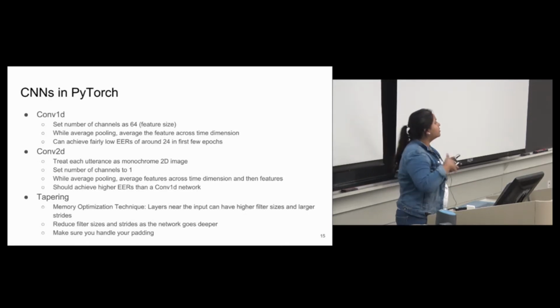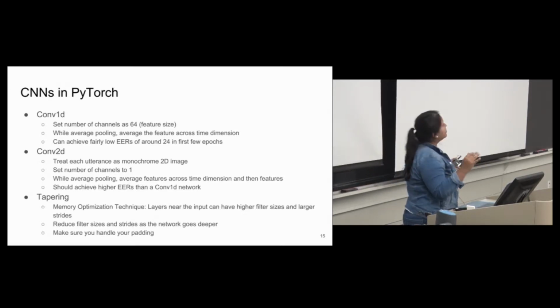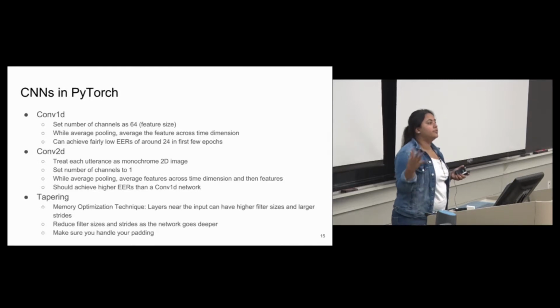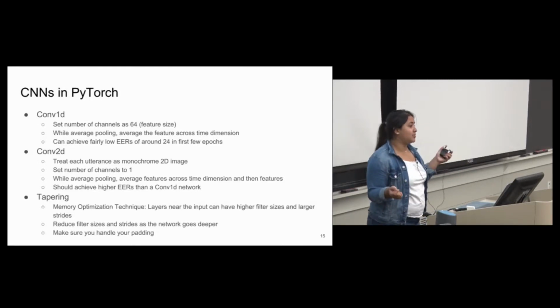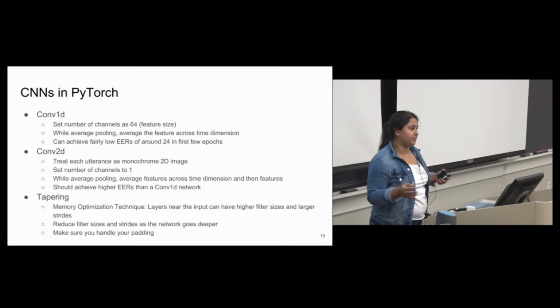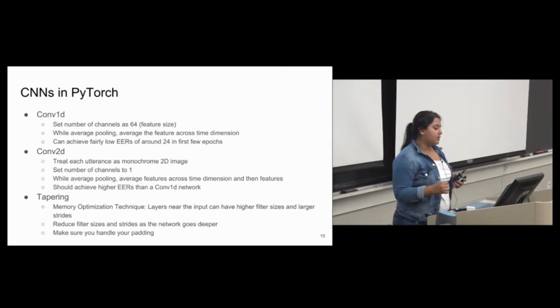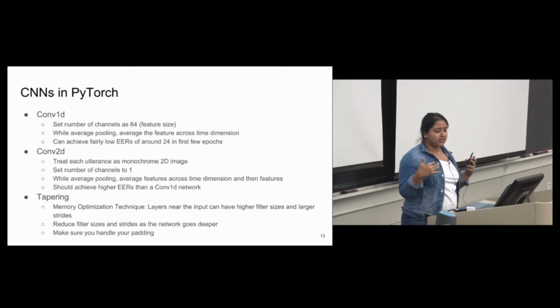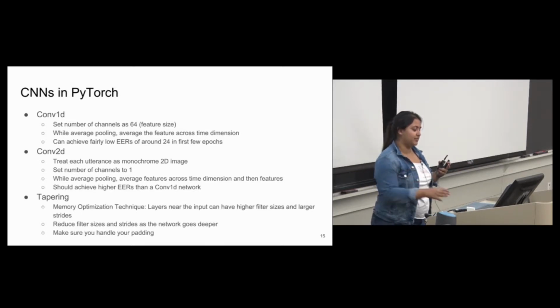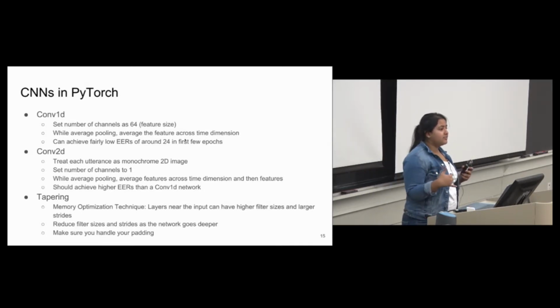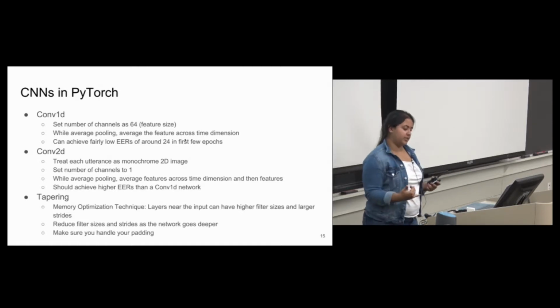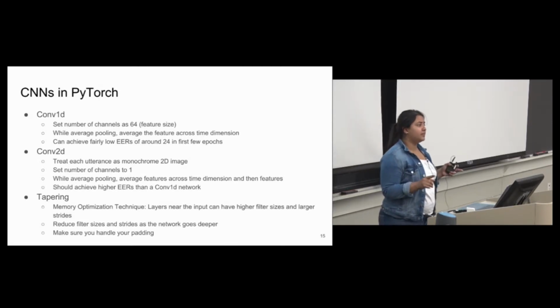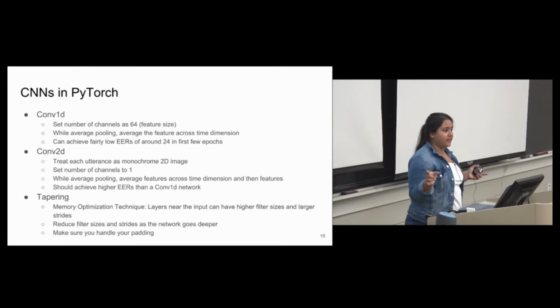The reason is that you're convolving not only over time, but you're also convolving over the features, whereas in the previous case, you're just convolving over time. And another memory optimization technique is to use tapering, where layers near the input can have higher filter sizes and larger strides, and you can reduce the filter sizes and strides as the network goes deeper. But make sure you handle your padding while you're doing this, otherwise you'll get errors.